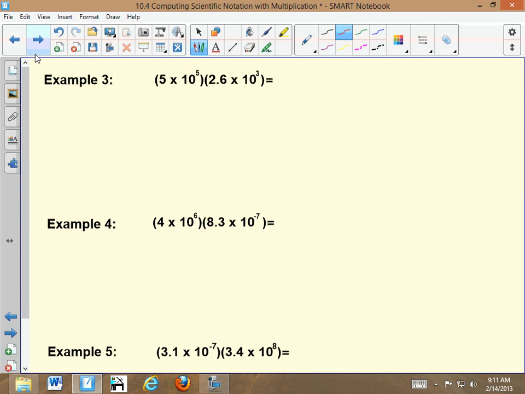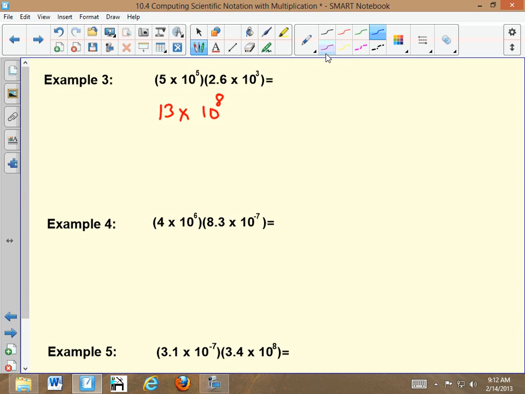Okay, let's see a couple of these in action. Here we go. Here's how this works. 5 times 2.6. What's 5 times 2.6? 13. So this gives me 13 times 10. What's 5 plus 3? 8. Is 13 in scientific notation?